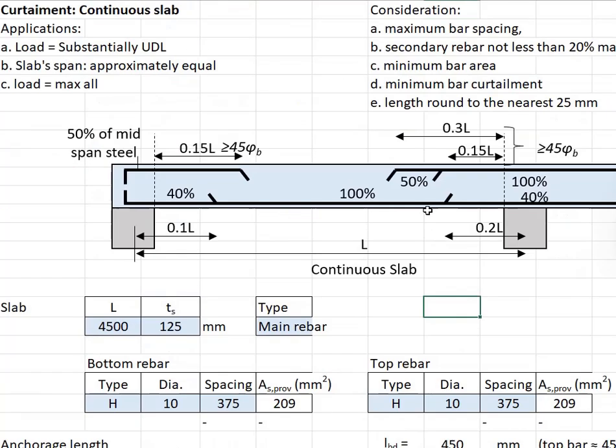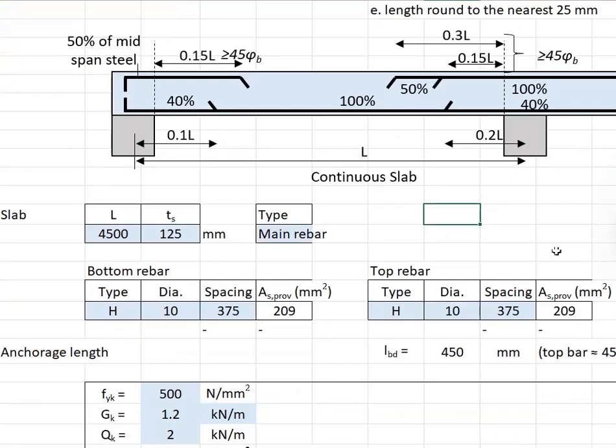Next, we will look into the top reinforcement bar at the interior support. The provided amount of reinforcement bar is H10-375. It merely passes the requirement for the maximum spacing and the As minimum. Although the simplified rules allow you to reduce the amount to half, starting from 0.15 times the effective length, based on our experience you know that this will not pass.